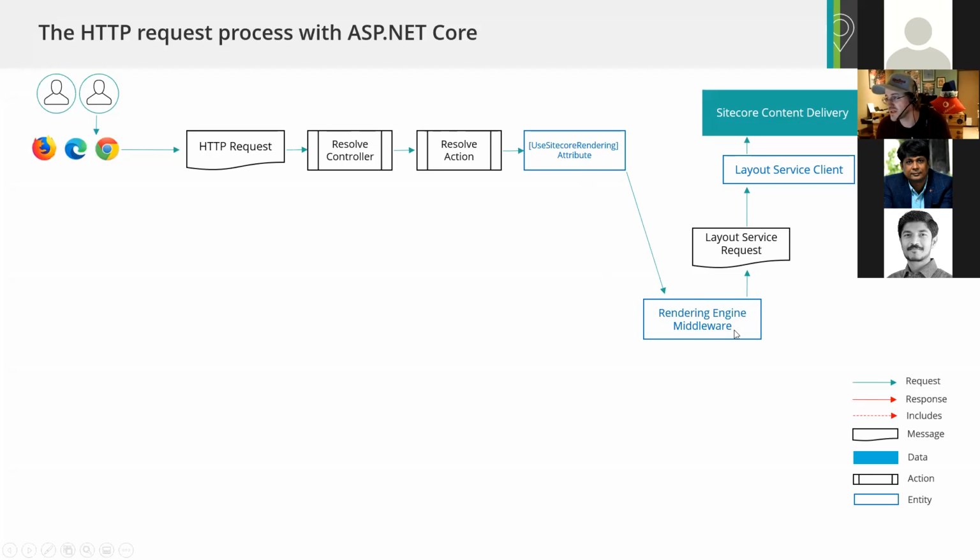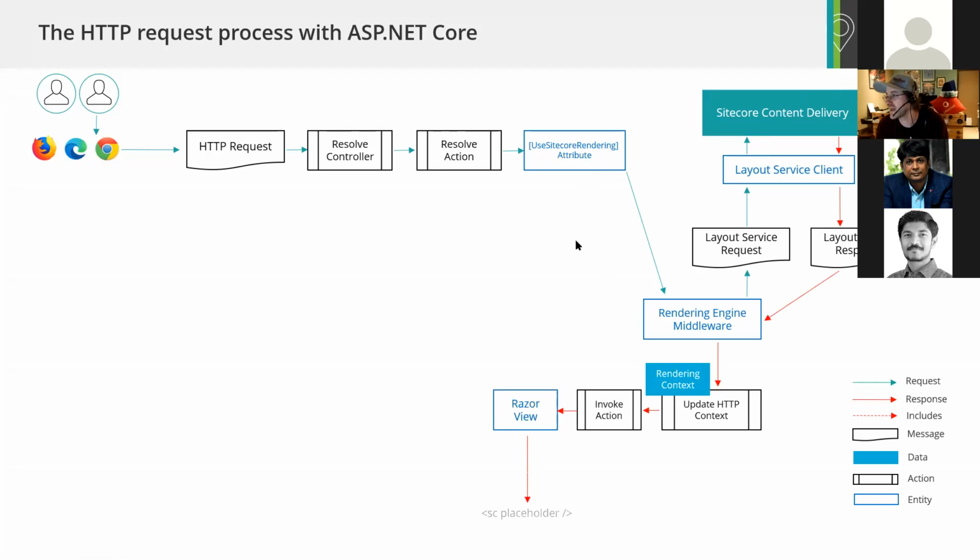And what that's going to do is trigger that mapping between the incoming request and a request to the layout service. Typically, it means if you request, say, a URL of /products, that it's then going to result in a layout service request for an item under the site at /products. So that request will be sent through our layout service client to your content delivery instance.